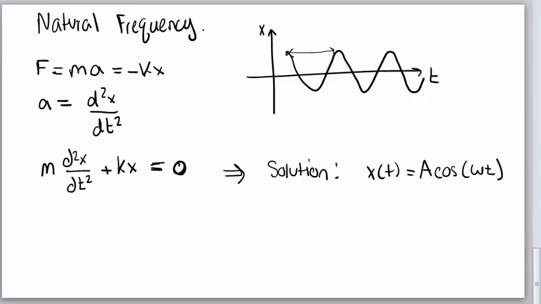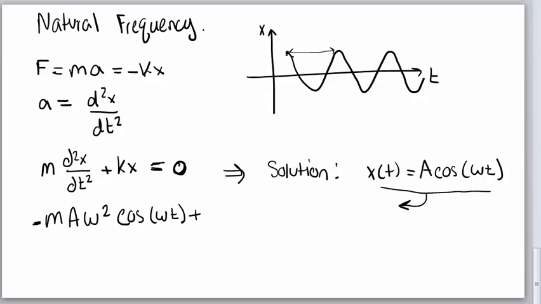If we take that known solution and plug it back into this differential equation, we end up with ma times d2x/dt2, the second derivative of this x of t, which is negative m a omega squared cosine of omega t, plus k a cosine of omega t.